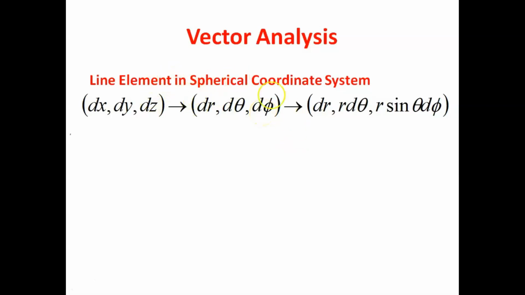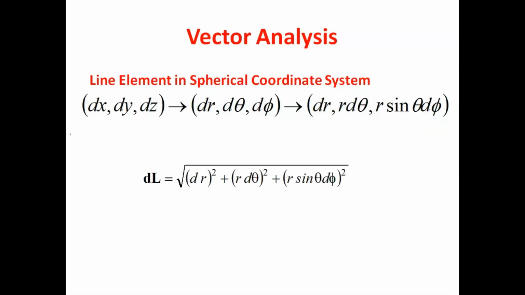So when they are properly multiplied by the concerned radius vector, they form an arc length. So r d theta forms an arc length in reference to the cone, and r sin theta is a component I have just shown you in the diagram. When it is multiplied by d phi, it will form an arc length in the xy plane, as I have shown in the earlier diagram.